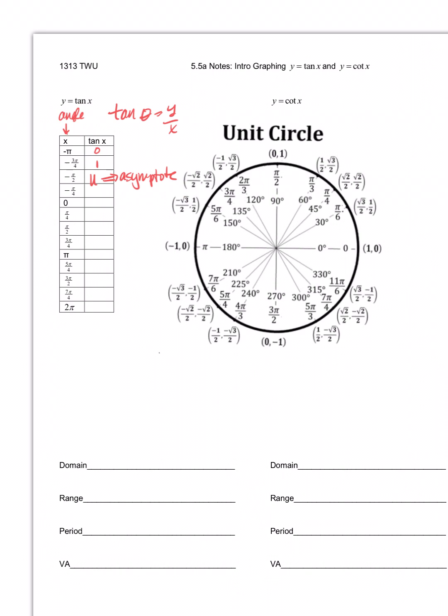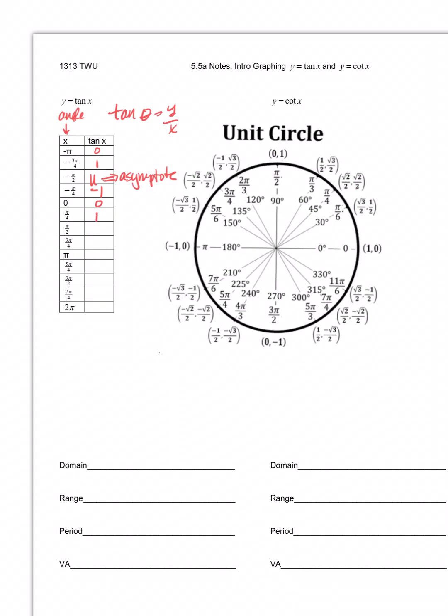Now, negative pi over 4, that puts us down here. What's my tangent here? Y over x is going to reduce to what? Good, negative 1. And at 0, what's the tangent going to be? 0. Pi over 4? 1.